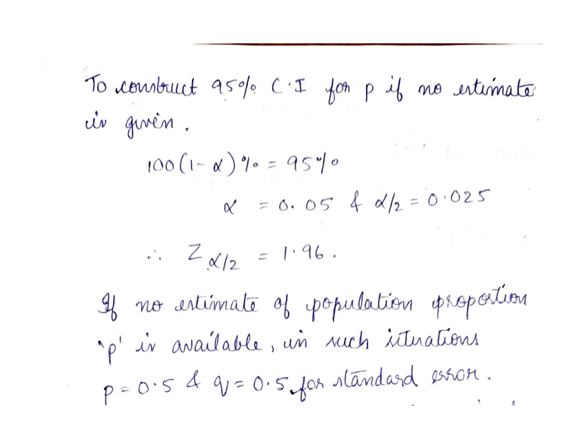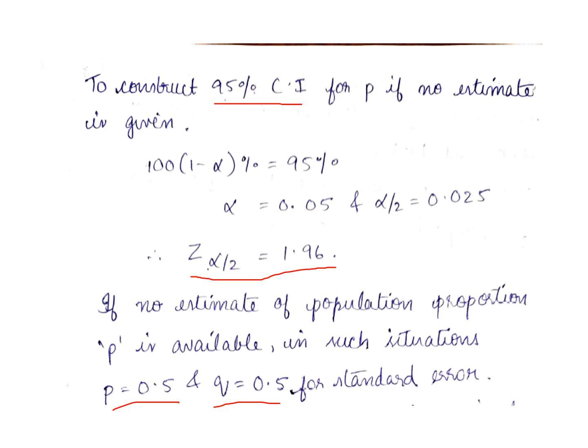Alpha is equal to 0.05. Alpha by 2 is equal to 0.025, and we already know that for 95% confidence interval, Z alpha by 2 is equal to 1.96. If no estimate of population parameter P is available, in such a situation P equal to 0.5, Q equal to 0.5 for standard error.